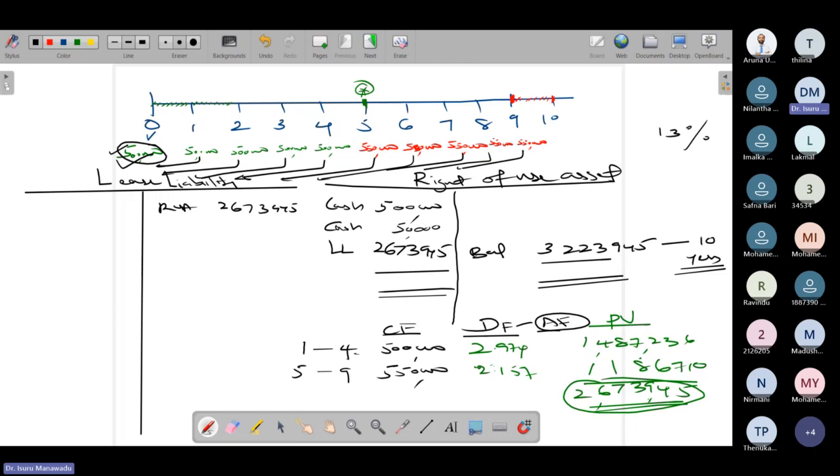In addition to that, if there is a down payment, that's also part of the right of use asset. In this case, you can write like this: 500,000 has been paid at the beginning of year 1. So that has been considered as a down payment.